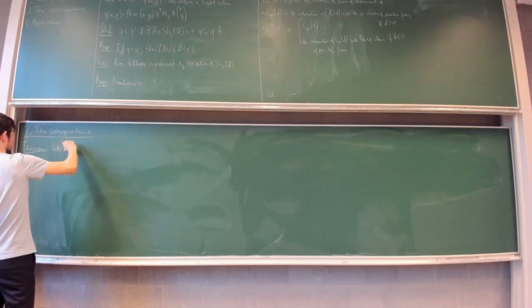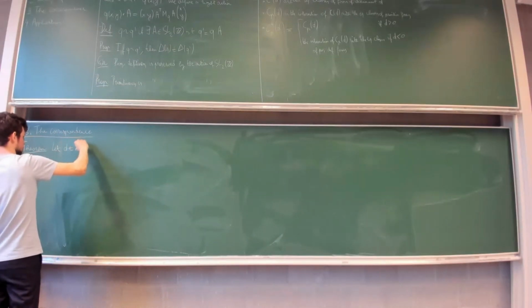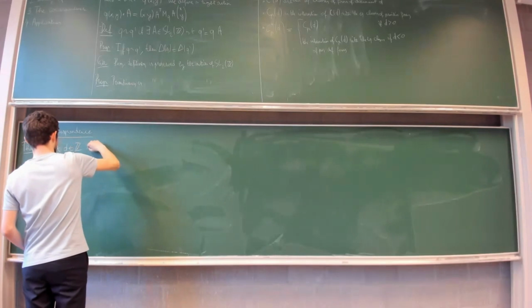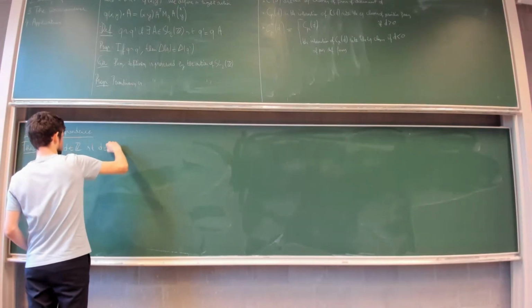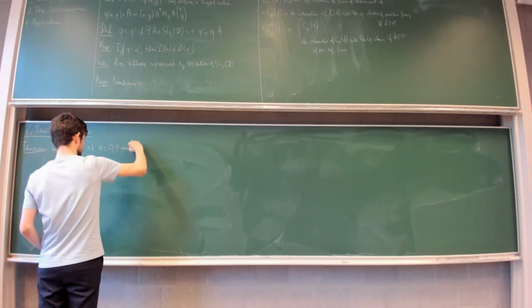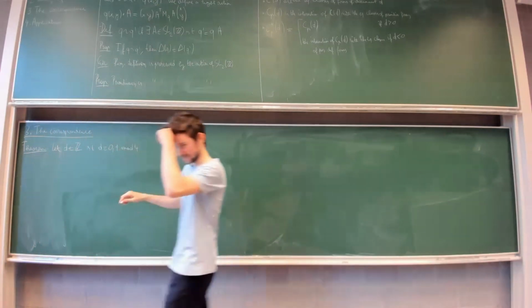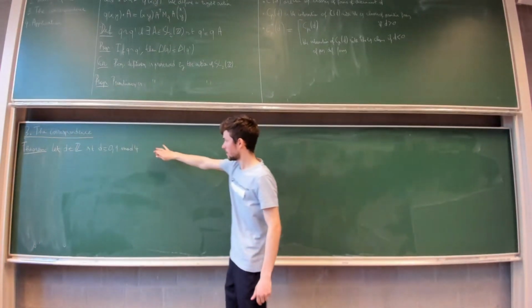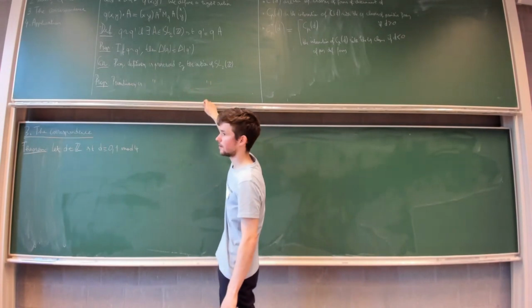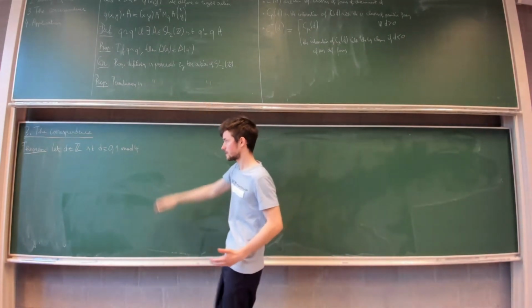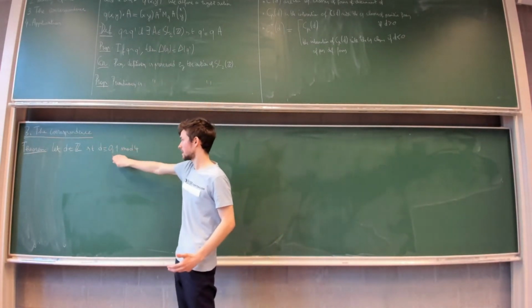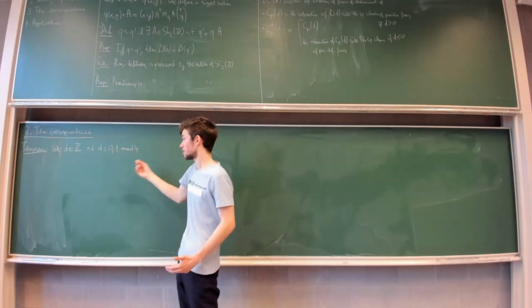So we start with an integer D, such that D is 0 or 1 mod 4. The reason for this is actually because a discriminant of a quadratic form always has this property. The discriminant is always 0 or 1 mod 4.